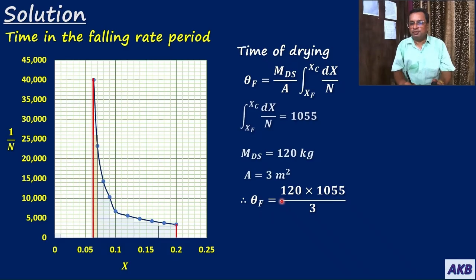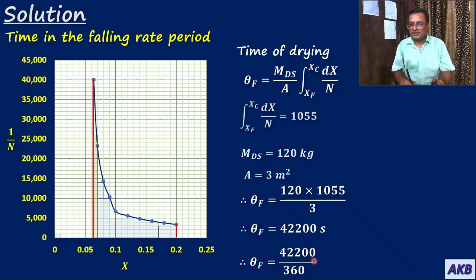Therefore, theta f will be 120 into 1055 divided by 3. That gives us theta f as 42,200 seconds. We can convert it to hours by dividing by 3600. So theta f is 42,200 divided by 3600, that is 11.72 hours. Therefore, the time of drying during the falling rate period is 11.72 hours.